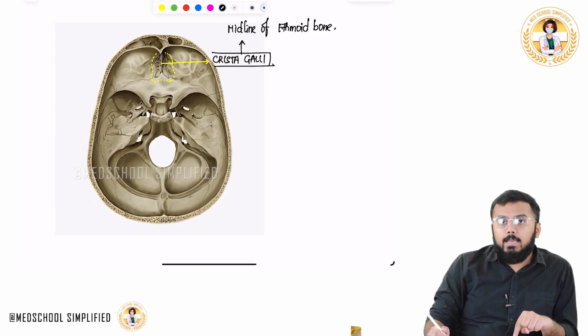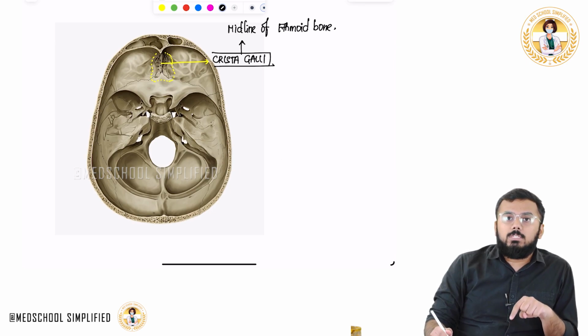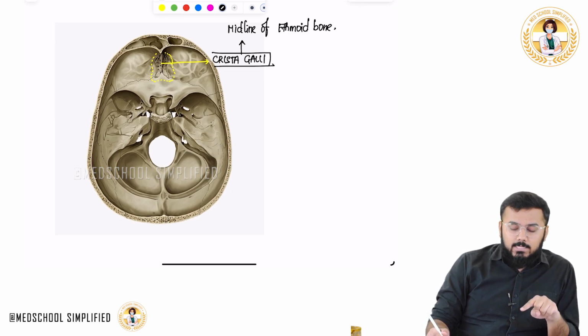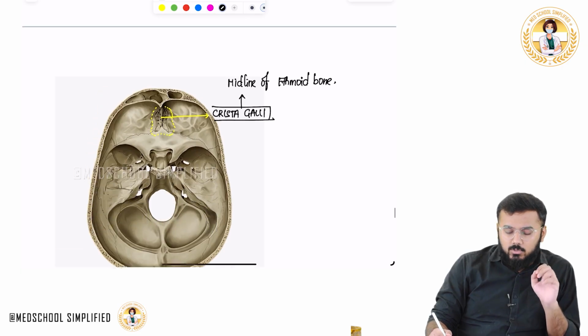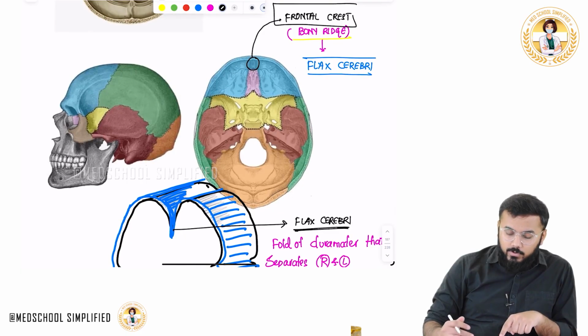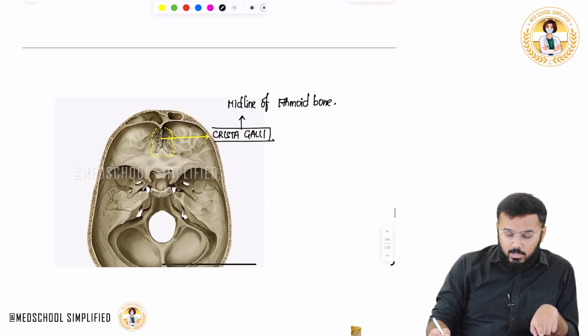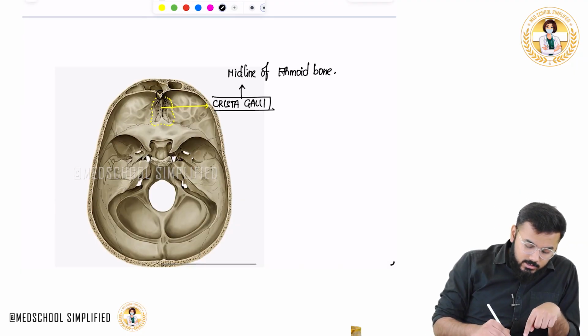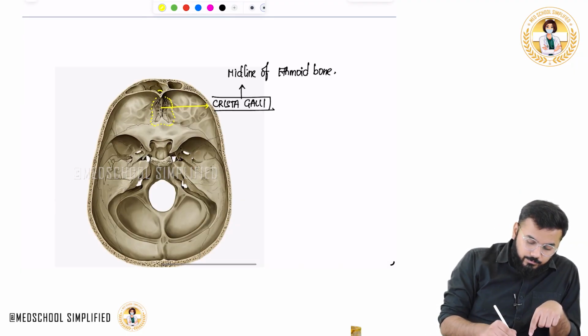Even to Crista galli also, your falx cerebri attaches. So, your falx cerebri here is attaching to two structures. One is called as Crista galli, and the other structure where it is attaching over here is called as your frontal crest. So, to your frontal crest and Crista galli, where is frontal crest? See, this is your frontal crest, right?